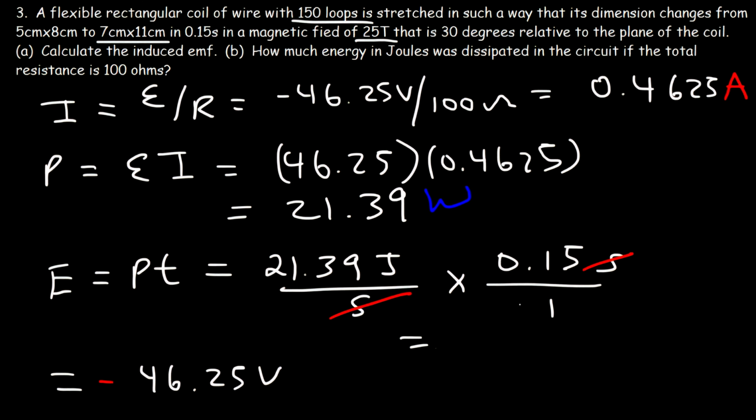So the final answer is 3.21 joules. So that's how much energy is dissipated in a circuit. So the circuit consumed 3.21 joules within the 0.15 seconds in which the area was changing.